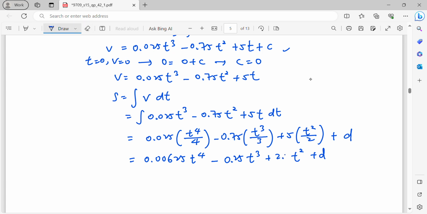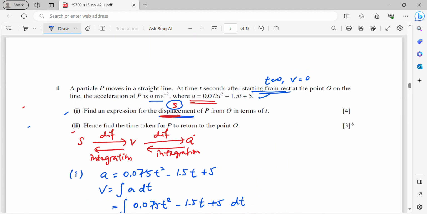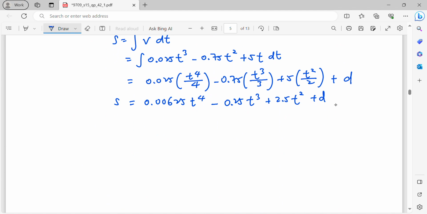Alright, so again, I need to know the t and s to find the d. So again, refer back to the initial condition. When starting from rest at O, that means at that time the s will be 0. So I will write t equals 0, s is 0. Therefore, left hand side is 0. For the right hand side, first 3 terms will be 0, then plus d. Therefore, my d will be 0.